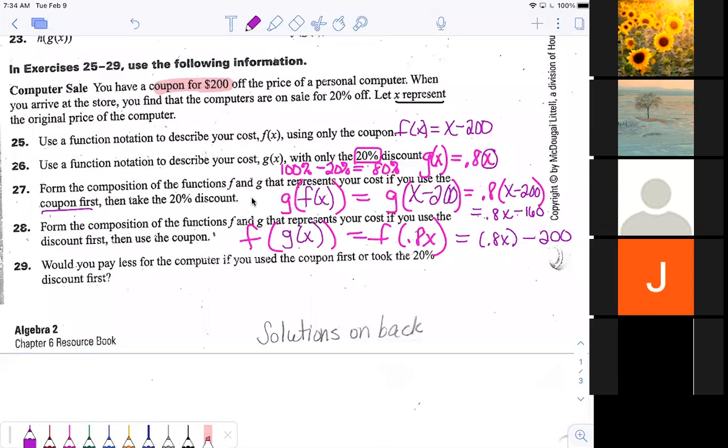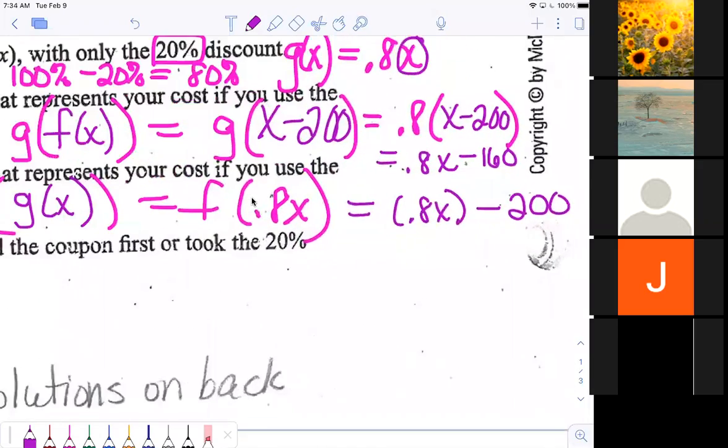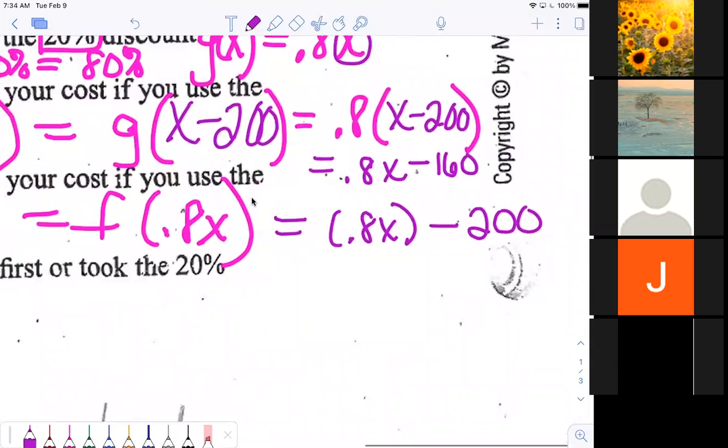The last one says, would you pay less if you used the coupon first or took the 20% discount? So kind of comparing 27 and 28. Here was my answer for 27. Here's my answer for 28. Annabelle, which one would allow you to pay less for the product?